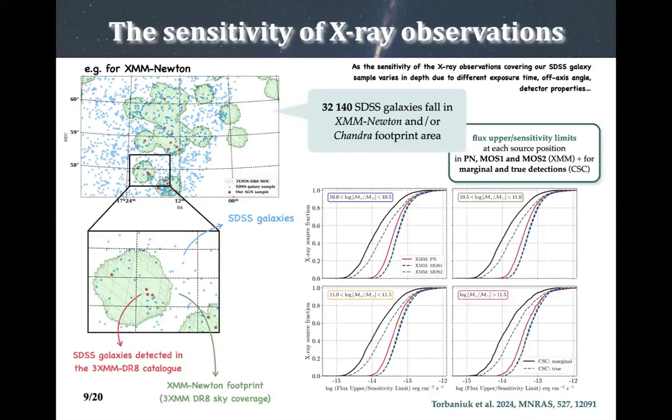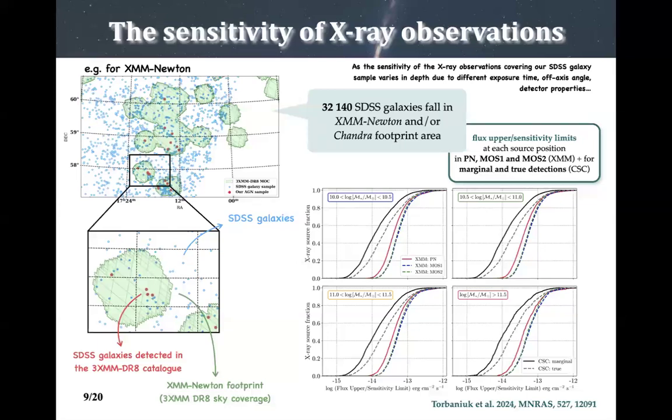The first idea of our work was to recreate the black hole probability distribution in the local universe. To do this, we need to take into account that X-ray observation sensitivity is quite different depending on the exposure time, off-axis angle and other factors.